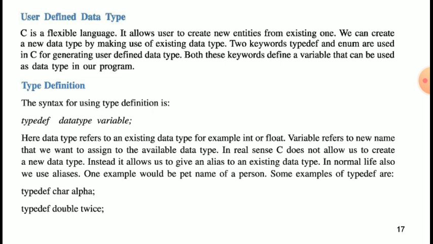Data type refers to an existing data type such as int, float, char, etc. And variable refers to the new name, alias name, nickname given to the existing data type. So that is an example. Typedef char alpha, typedef double twice.